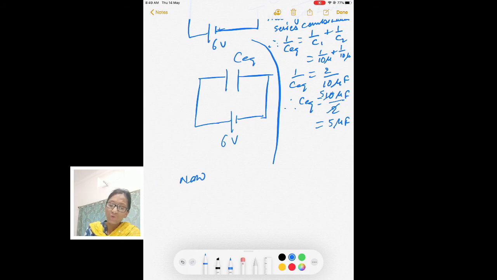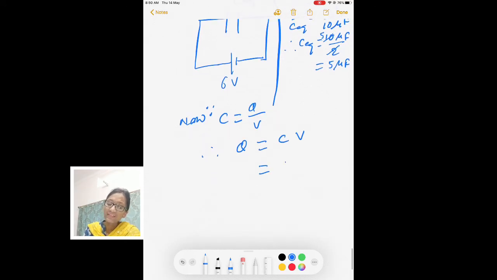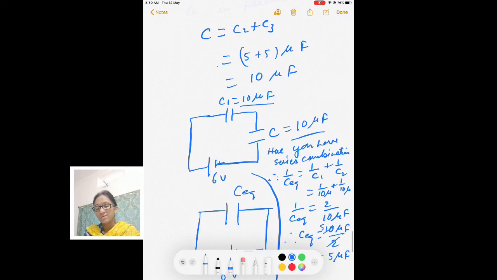Now you know that C is equal to Q coulomb upon V volt. Therefore, from here you can find Q, which is equal to CV, and this is equal to 5 into 10 power minus 6 into 6 coulomb, this is equal to 30. You may write micro also, 30 microcoulomb. Now the 30 microcoulomb will not be divided.